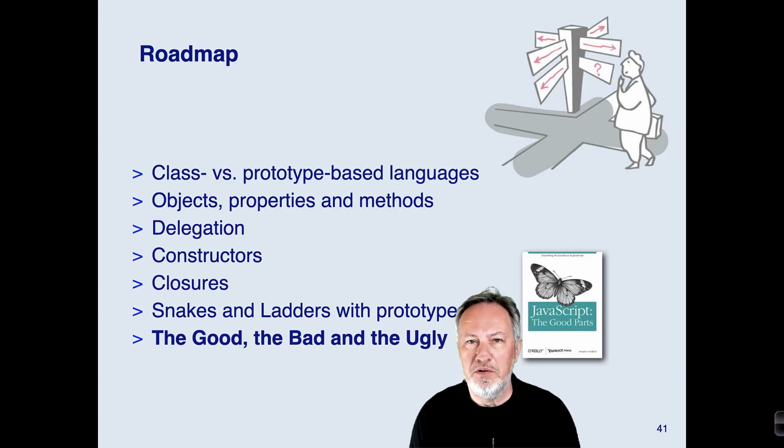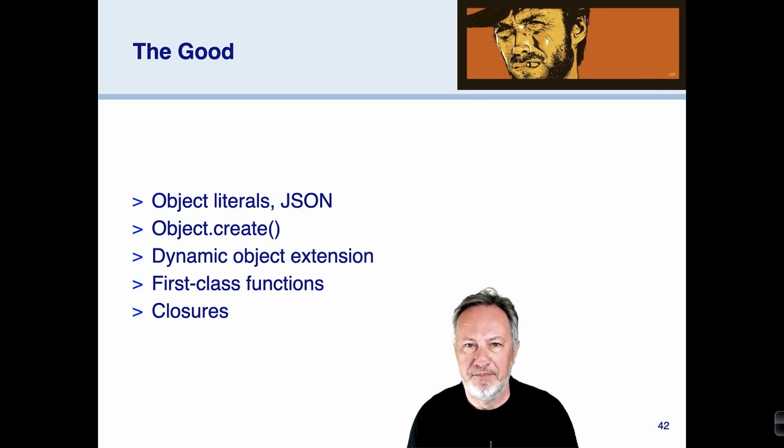To conclude, let's have a quick look at some of the nice features and some of the scarier features of JavaScript. Now, there are lots of features we've seen, like object literals and the use of JSON, which work very nicely. Also, the Object.create method works very nicely to create a prototype-based design.